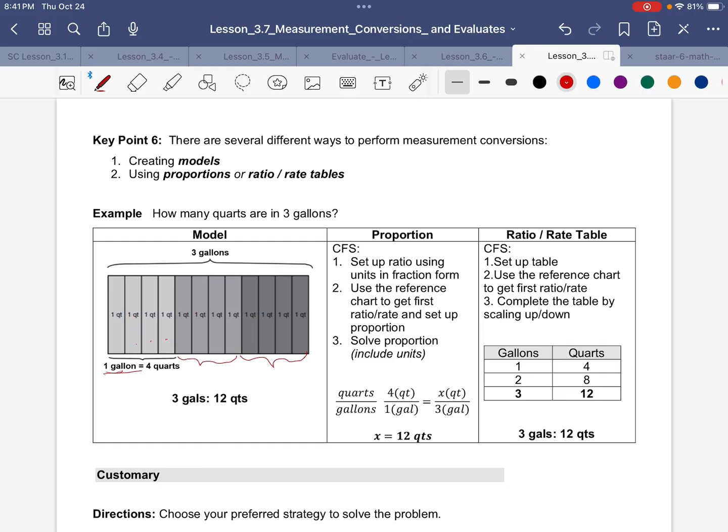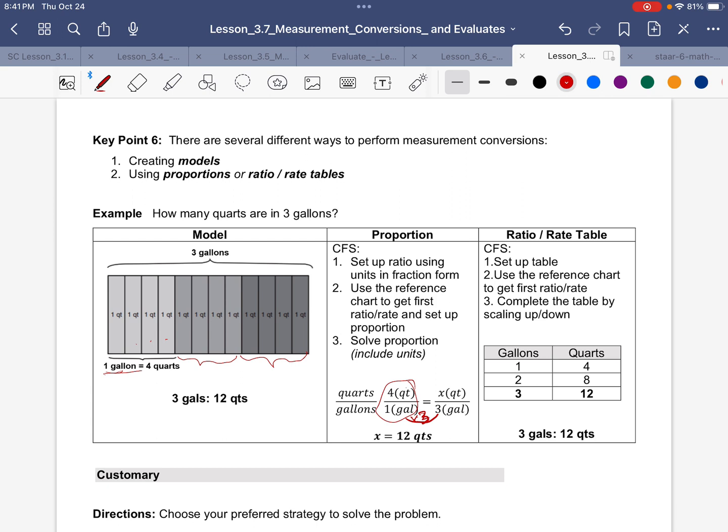Proportion-wise, they had 4 quarts equals 1 gallon. Set that up here. And they set it equal to, how much is 3 gallons? How many quarts would that be? Right here to here, we know that would be times 3. 1 times 3 gives me 3.